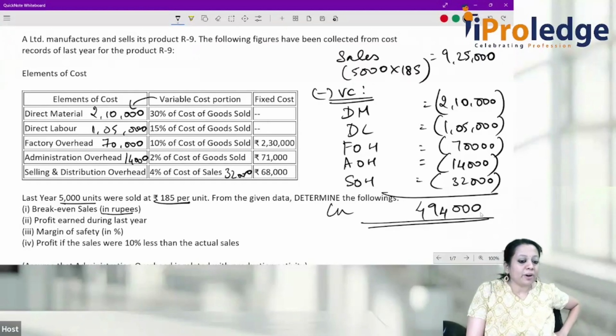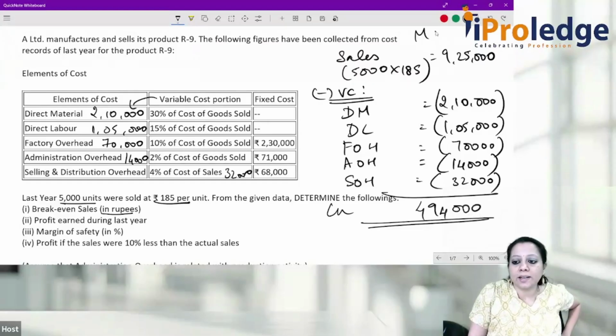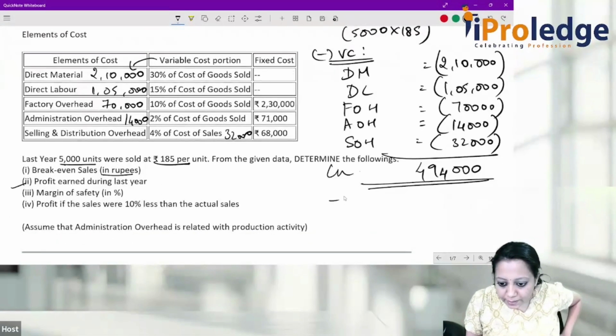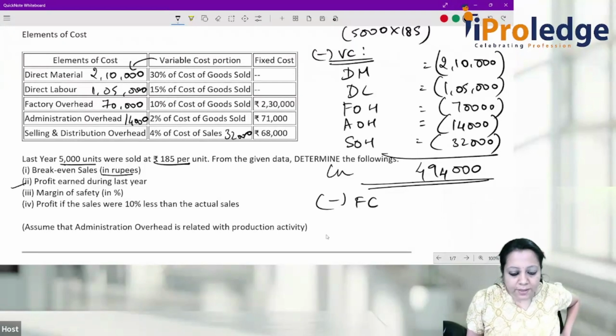Next one, they have asked me for profit. Can I do it here itself? We will call it as marginal cost sheet heading. Next subdivision, they want profits. So it is going to be minus fixed cost.